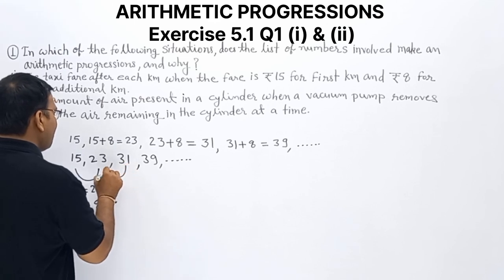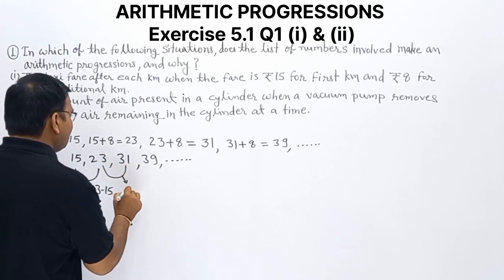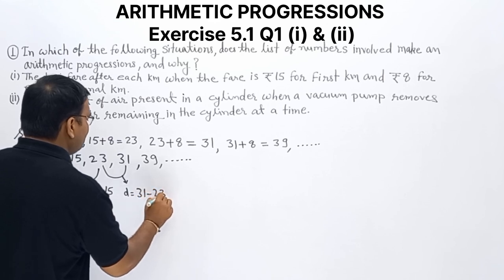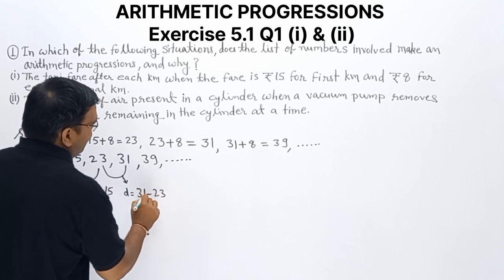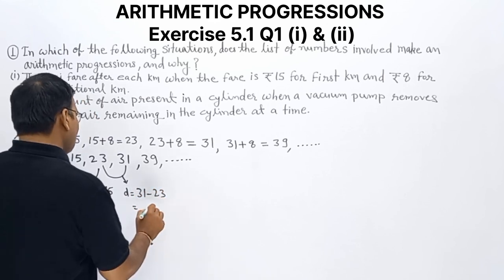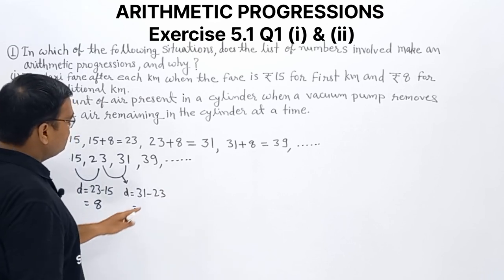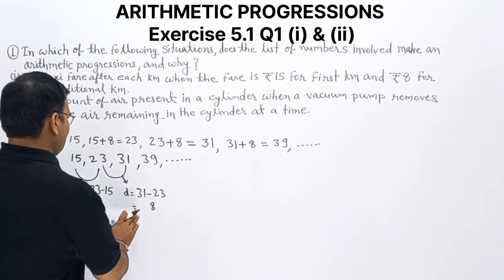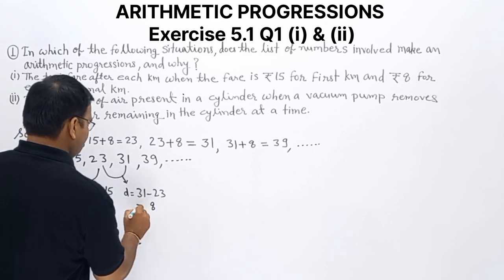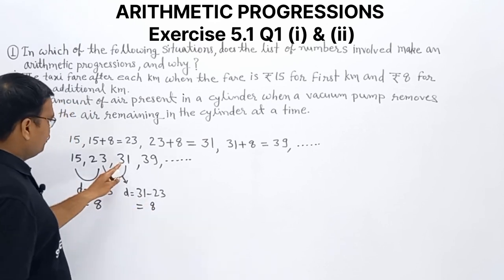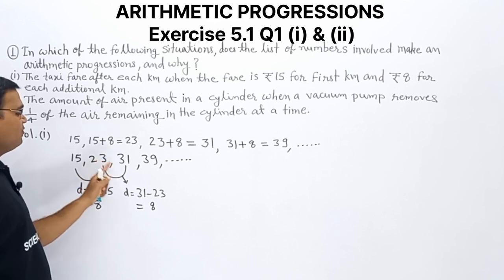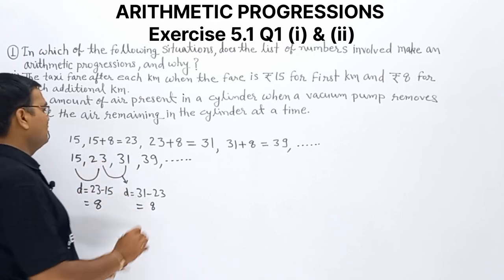Now third term minus second term, D equal to 31 minus 23, what do we get? 8. Clear? So once we subtract each term from the next term, we are getting D equal to 8.